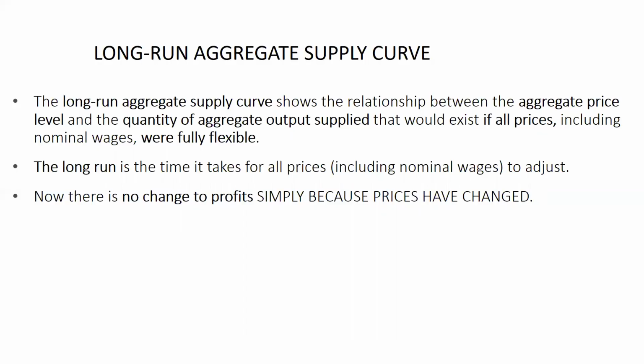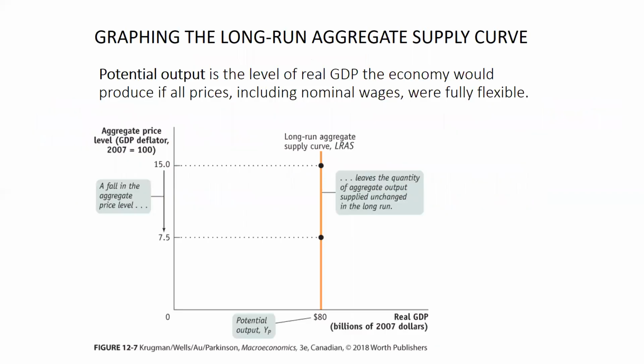We'll look at this in more detail in a second, but essentially the key idea is the idea of potential output. And so the idea is that the long run aggregate supply is the potential output of the economy, the level of real GDP the economy would produce given all the factors of production in the economy, like the available capital, the available workers, the available technology, and so on and so forth.